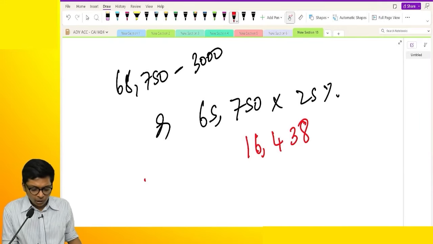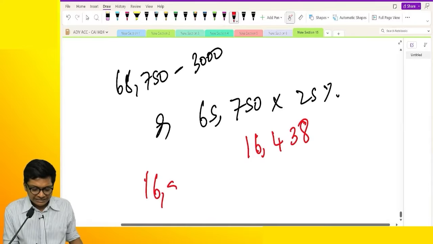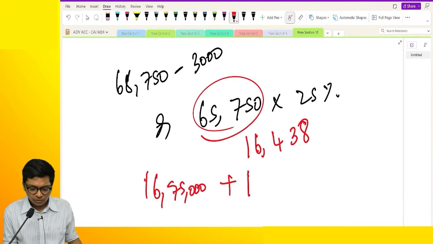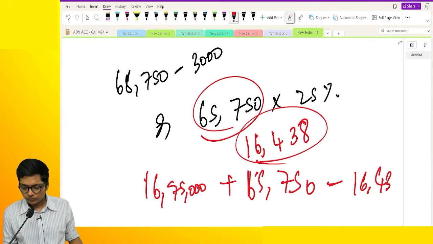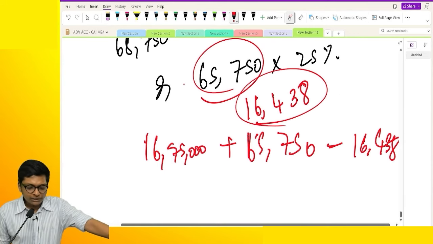Follow. From the opening stock, what did I get? 16 lakh 75,000, like the previous sum. Add back sales of 65,750 minus profit of 16,438. Correct? But what did this fellow do? How much are you getting as the answer if I do this?